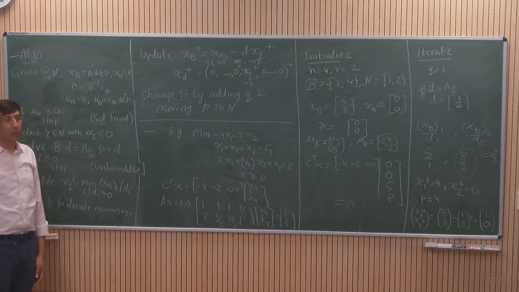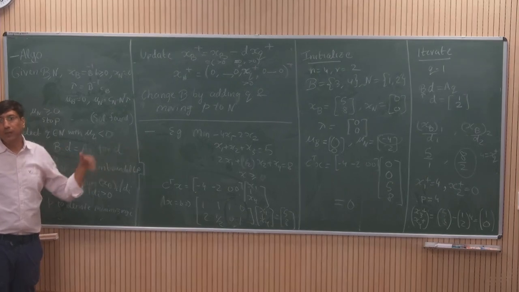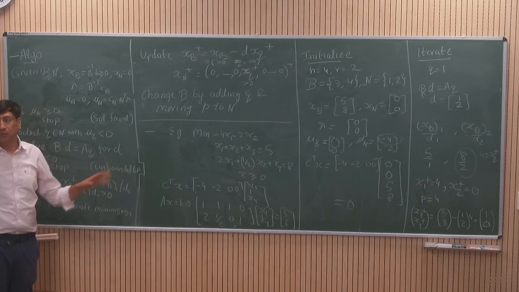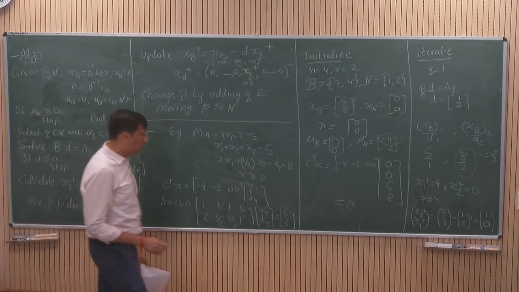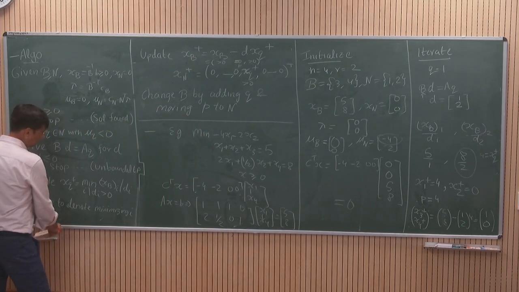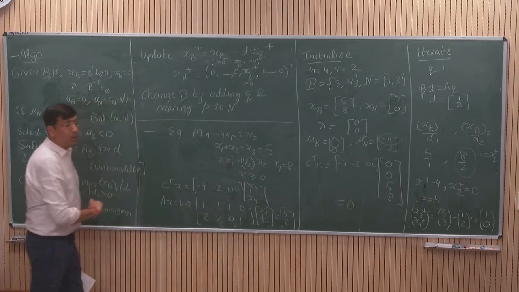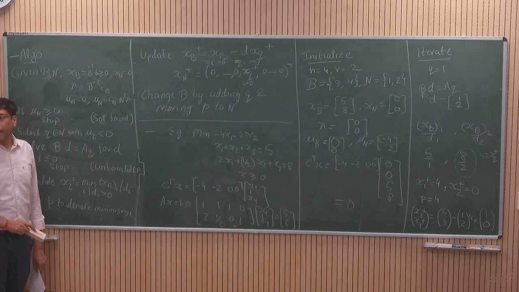Yes or no? What I didn't show was that the new B stays non-singular by the swapping, which we'll worry about later. But in the example you can easily see it. So what I'll do, I'll erase this now. I'll keep the algorithm on the board. Is that okay?